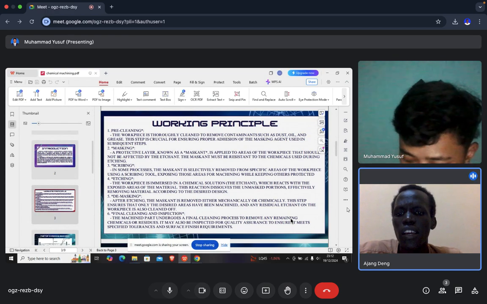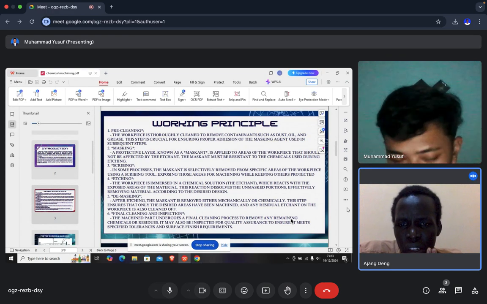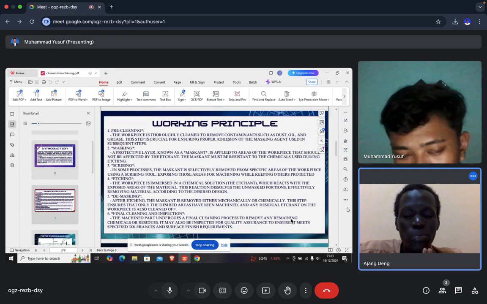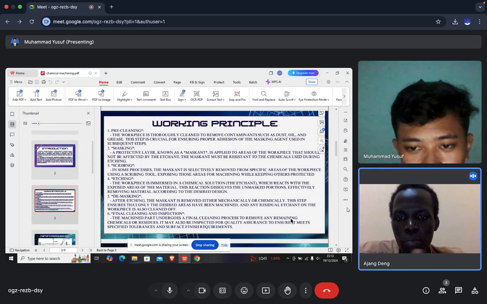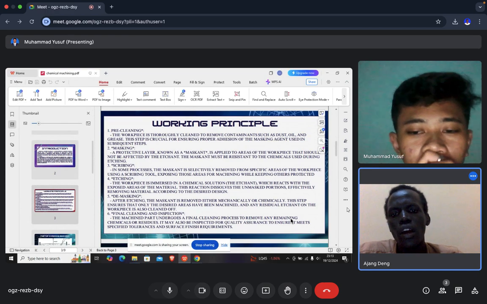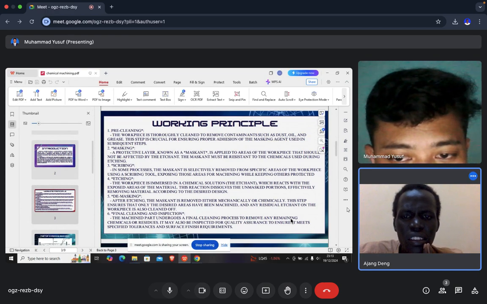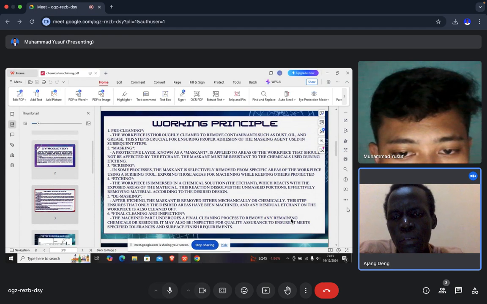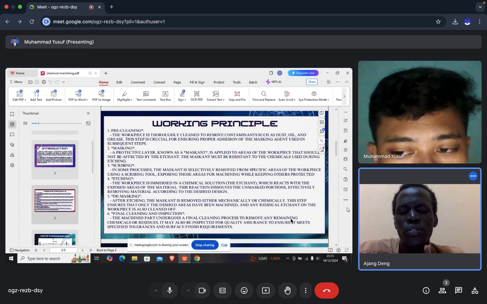So it's very clear the masking must be applied to the areas that we don't want to machine out, or areas that we don't want to have any kind of chemical reaction on. At the same time, the masking must be non-reactive, because if it's reactive, it's going to react with the chemicals and it's not going to do its work as a masking, because it's supposed to cover the parts that are not supposed to be machined.